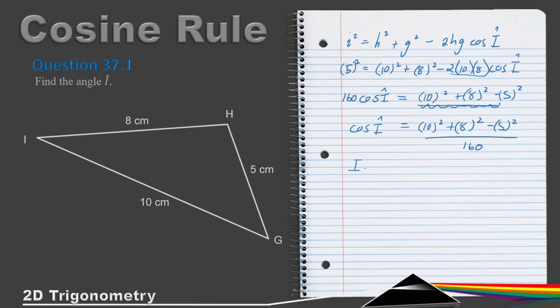So I is the inverse of cos of 10 squared plus 8 squared minus 5 squared all over 160.